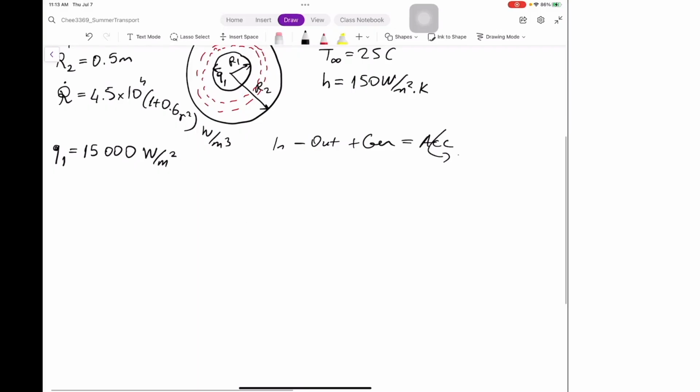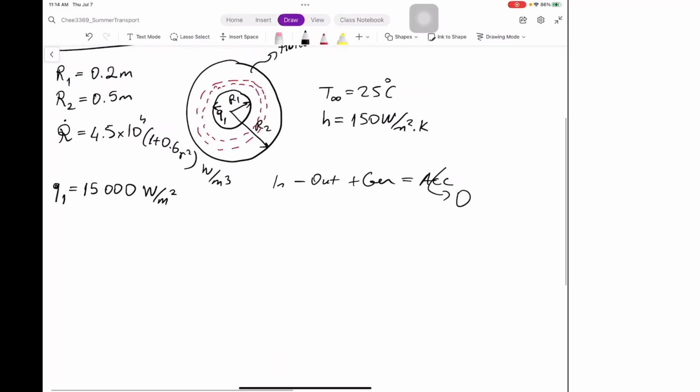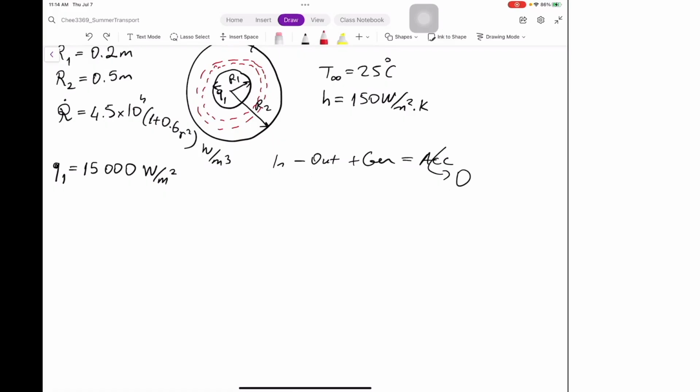It says in the problem, find the steady state temperature of the outer surface. So the conditions are steady state. There is generation, it's given. There is in and out. So let's call the in Q_R at R, and the out Q_R at R plus delta R.